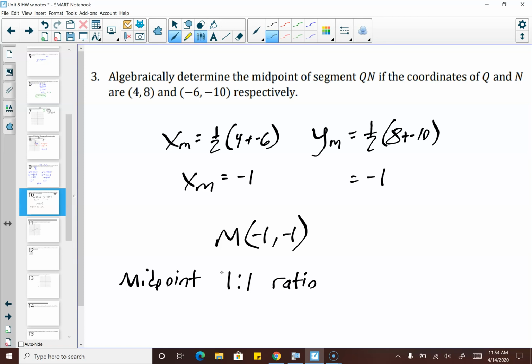And in this case, you would just have to be careful because you've always got to work from left to right. So the point that would be furthest to the left would be the -6, -10, and then the 4, 8 would have to be your x2 and your y2. So if you wanted to use the same formula, it is doable. Just be careful on the order that you use and then recognize the 1-to-1 ratio.